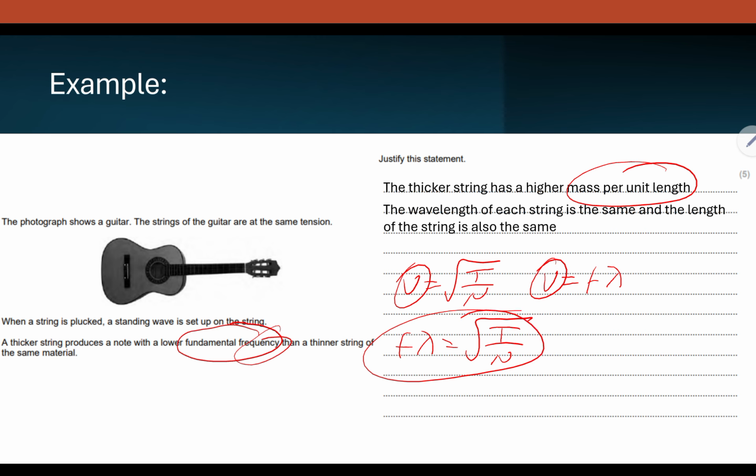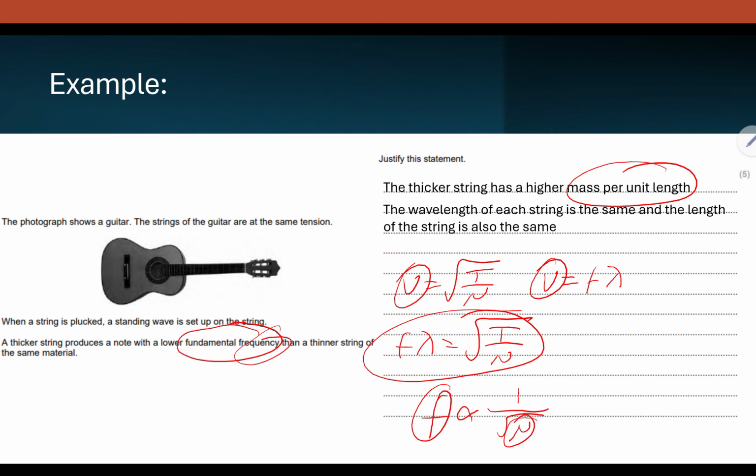From this formula we can see that the relationship is f proportional to 1 over root mu, because we just want the frequency and the mass per unit length, and we want to compare them. So a thicker string has a higher mass per unit length.